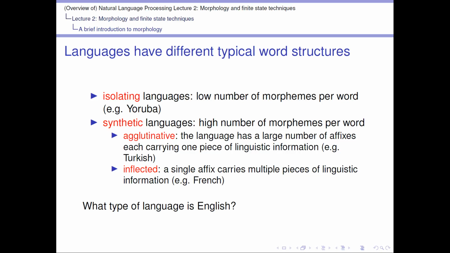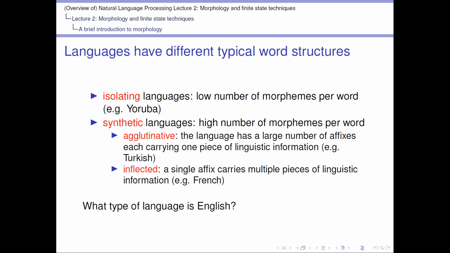So if you've got something happening in the first person and in the past, et cetera, all the little bits of information you can have, you keep adding more and more inflectional morphemes to show all that information.